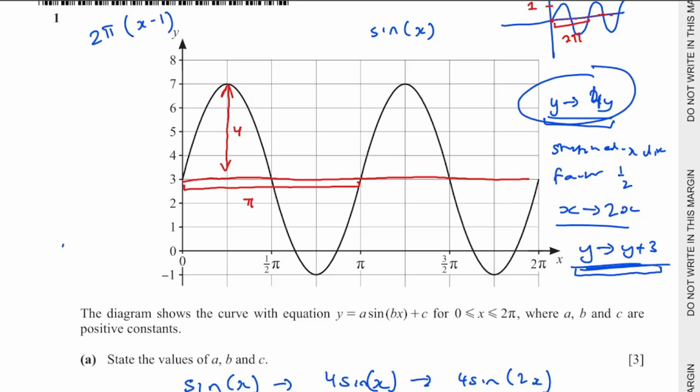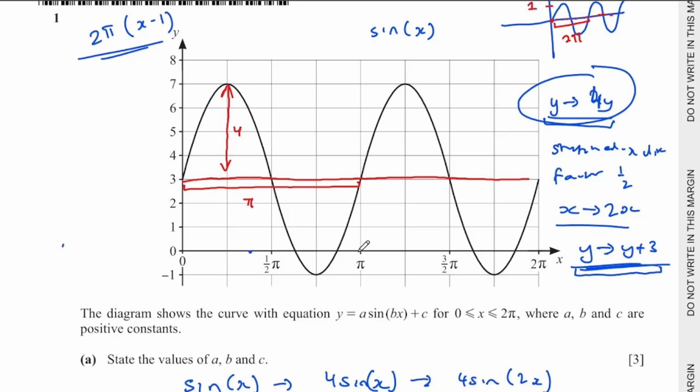So when x is 1, this is going to be 0, which is somewhere about here. And then when x is 2 pi, so 2 pi minus 1 times 2 pi, this is going to be 33. So when x is 2 pi, it's going to be somewhere around 33.